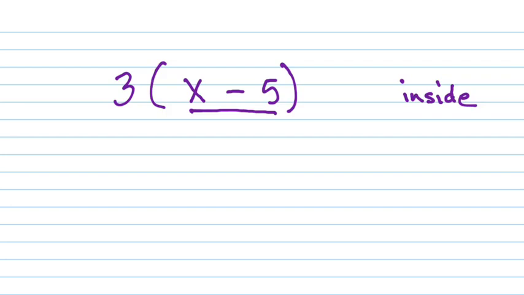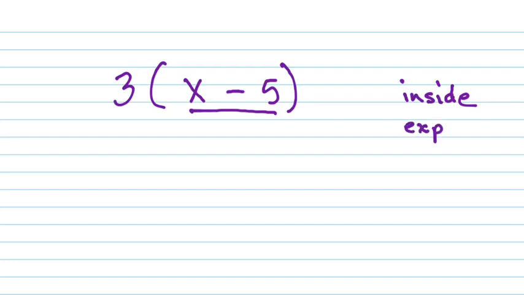Can I subtract a 5 from an x? No. No, because that's an x term and that's a constant term. I can only subtract x's from other what? X's. And constants from other constants. You can't subtract an x from a 5. Good job.